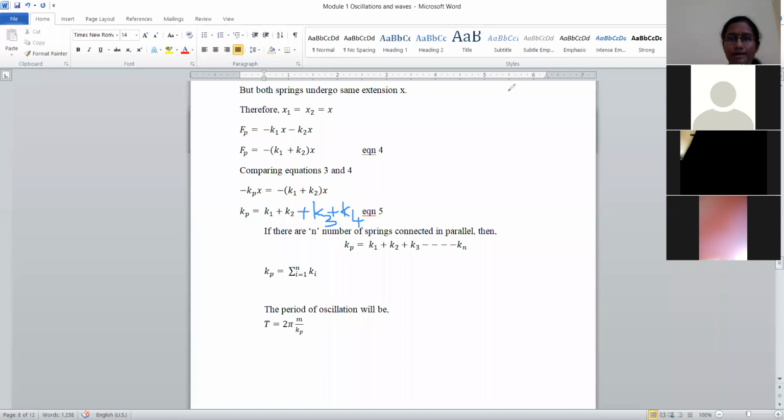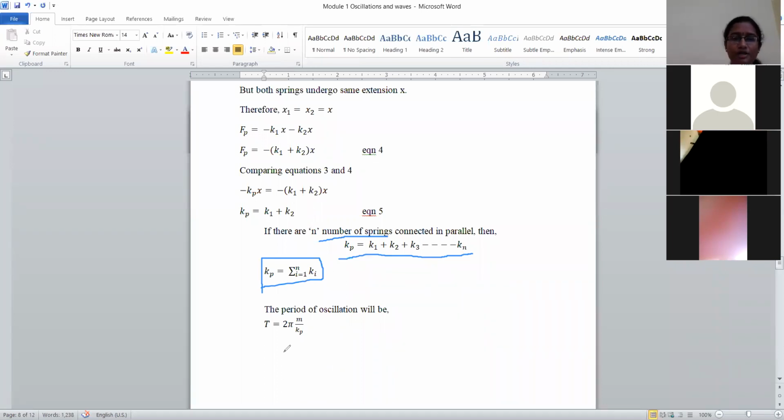Okay, so we write if n springs are connected in parallel, then Kp is equal to K1 plus K2 plus K3 and so on up to n. So Kp is equal to the summation, i equals 1 to n, of Ki. It is just the sum of the force constants of the individual springs.